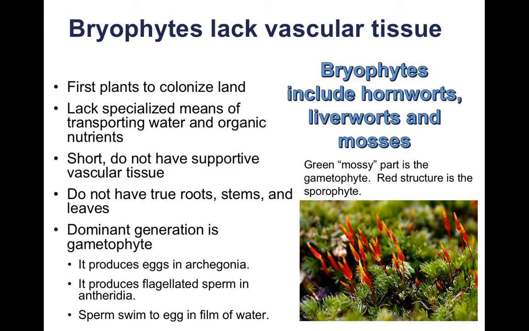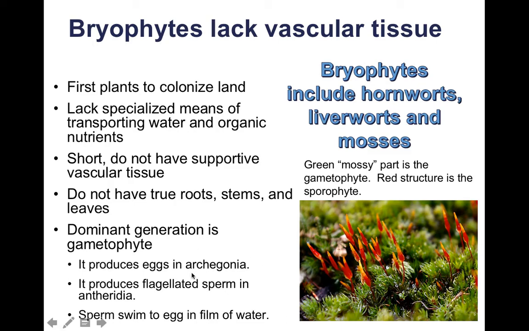The dominant generation, as we discussed before, is going to be the gametophyte, okay? The gametophyte is going to be here. This is the gametophyte structure, and it produces eggs in a structure called the archegonia, and it produces flagellated sperm in the antheridia.